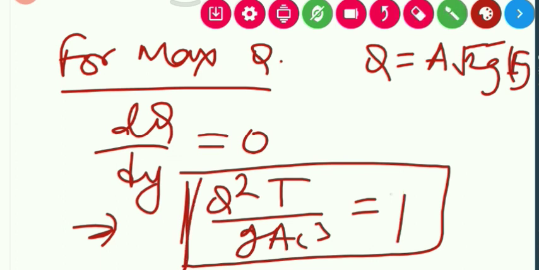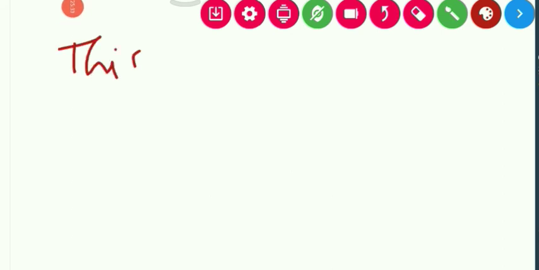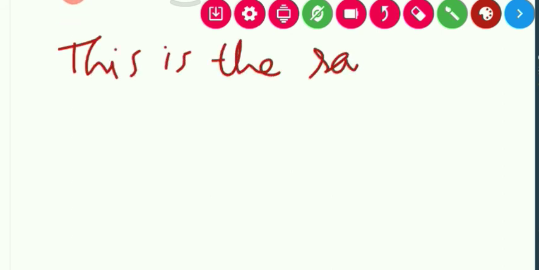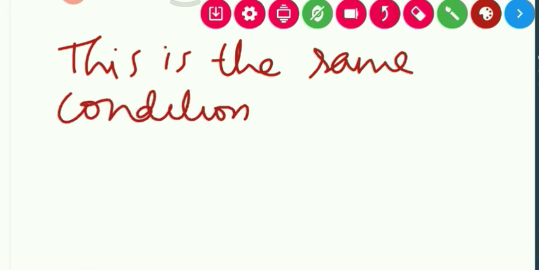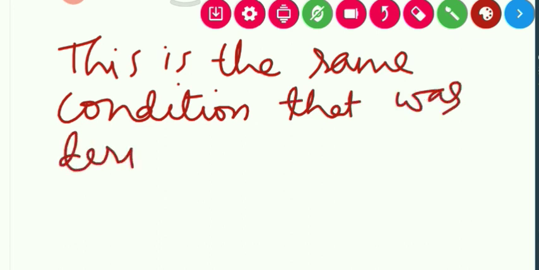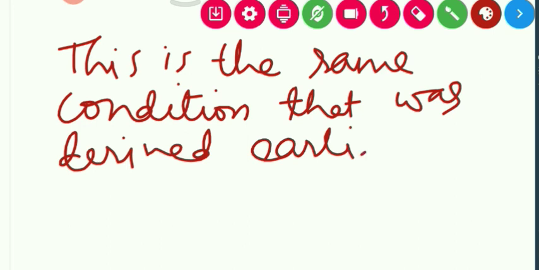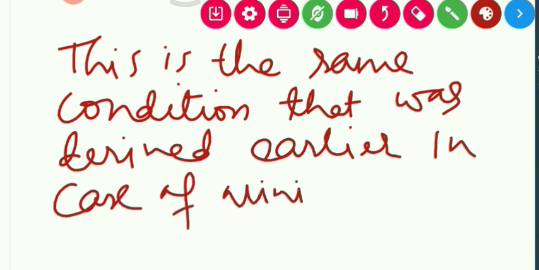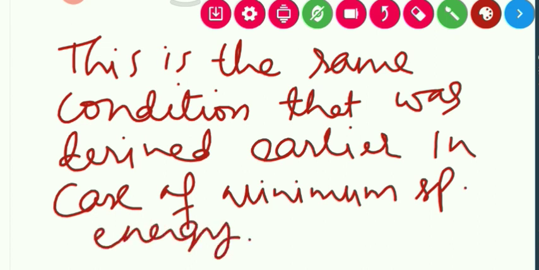So this is the same condition that was derived earlier in case of minimum specific energy.